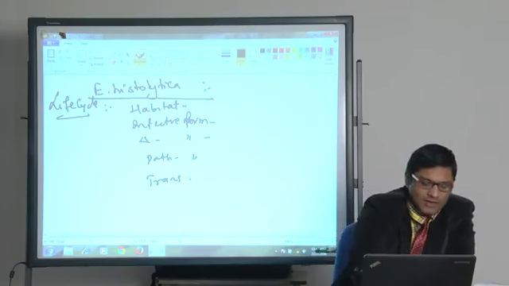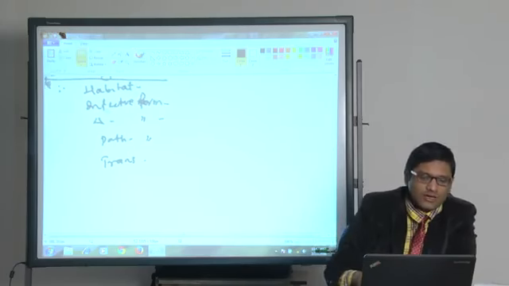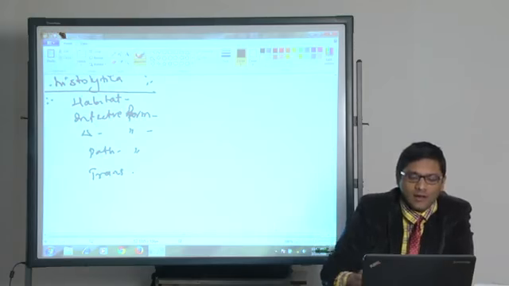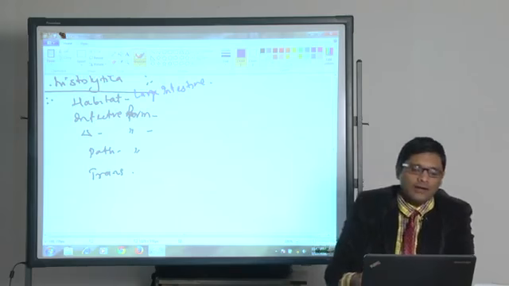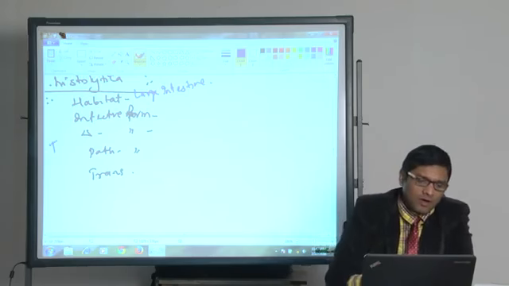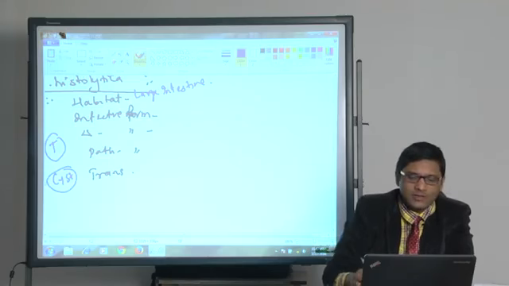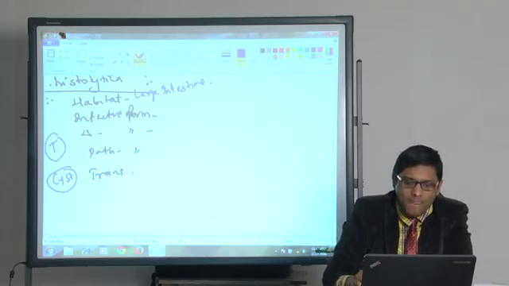As far as Entamoeba histolytica is concerned, you know that it is a large intestinal parasite. The habitat is large intestine, and it has two forms. Two forms are there, trophozoite and cyst. Infective form is what?